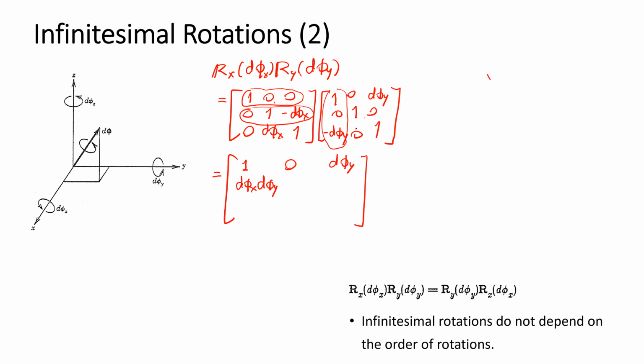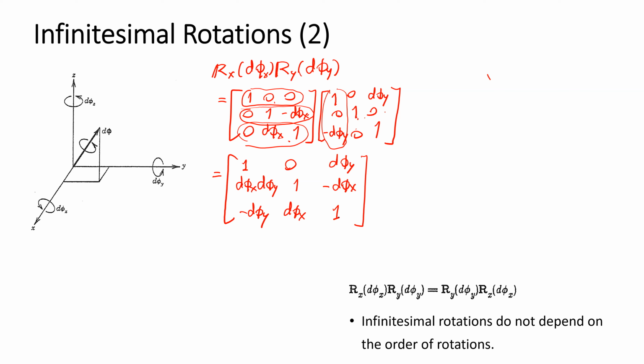Second row, second column has only 1. Second row, third column has minus d phi x. And the third row with first column minus d phi y. Third row, second column, d phi x. And 1.